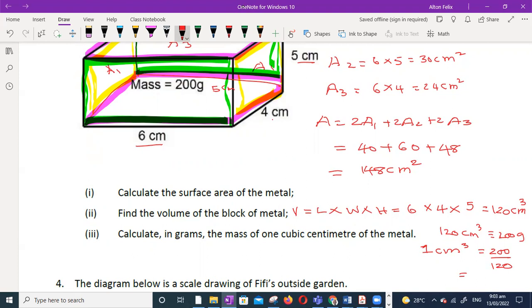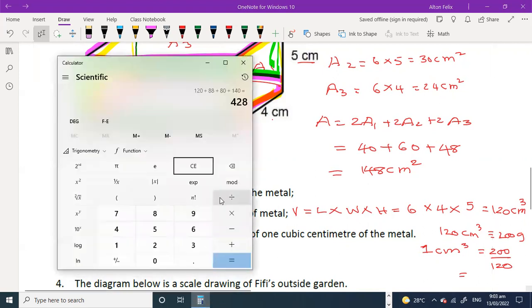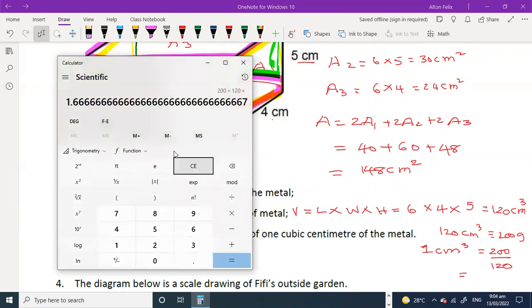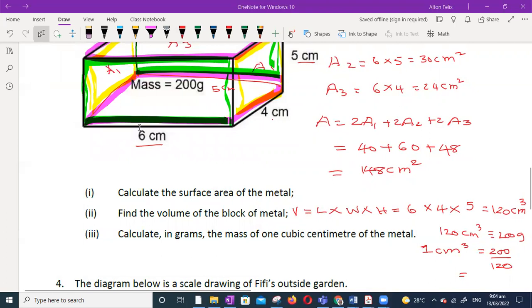Let's work it on the calculator: 200 divided by 120, 1.67 grams.